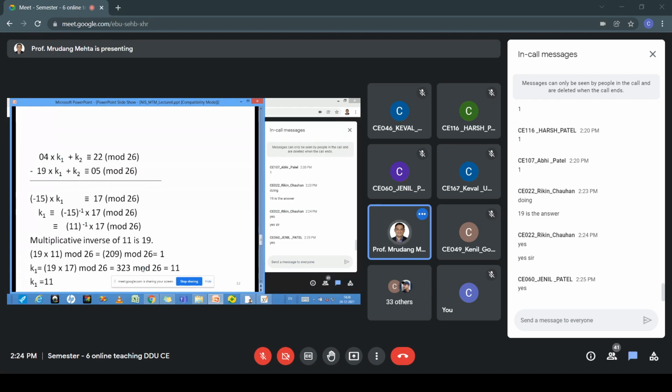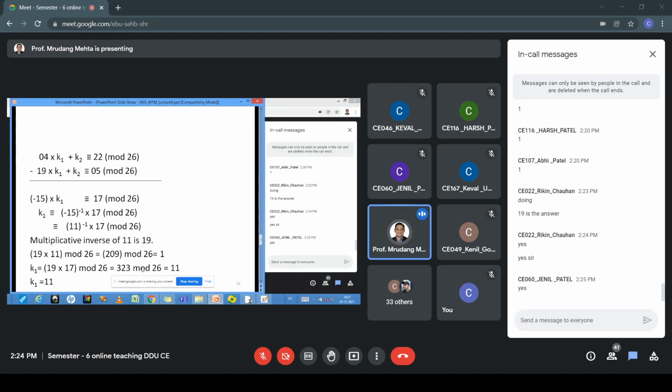And do this exercise in your book. 323 mod 26 is 11. Find out the answer. 323 mod 26. Right. So when you get 11, it means K1 is 11.